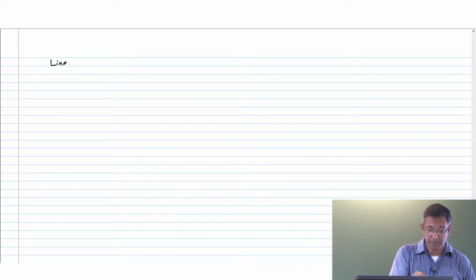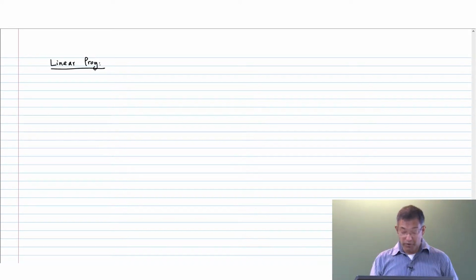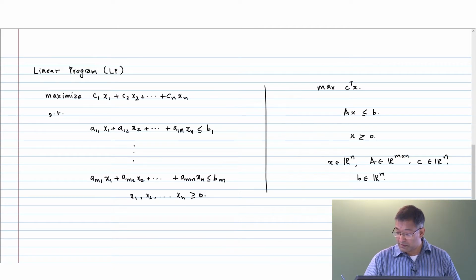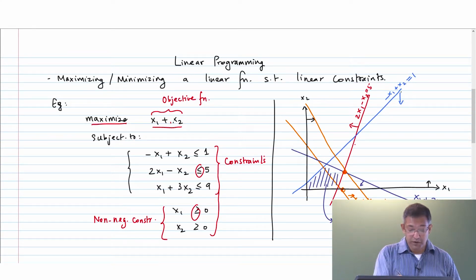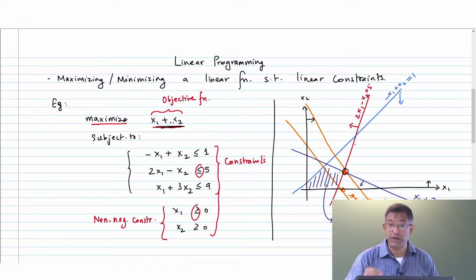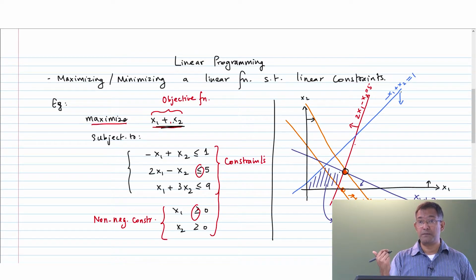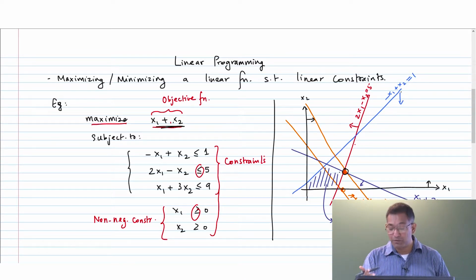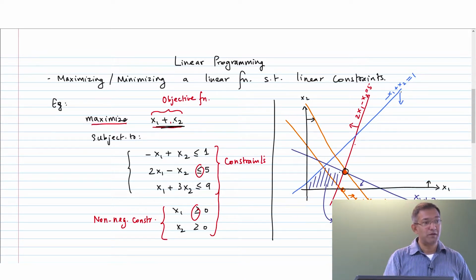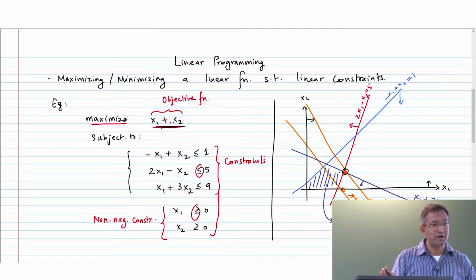So, what can happen? If you have a linear programming problem, like in the previous example with the objective function x1 plus x2, we saw that the optimal solution is this vertex. So, there is a unique optimal solution in this case. You should take my word for it. We have not actually solved these equations by hand.